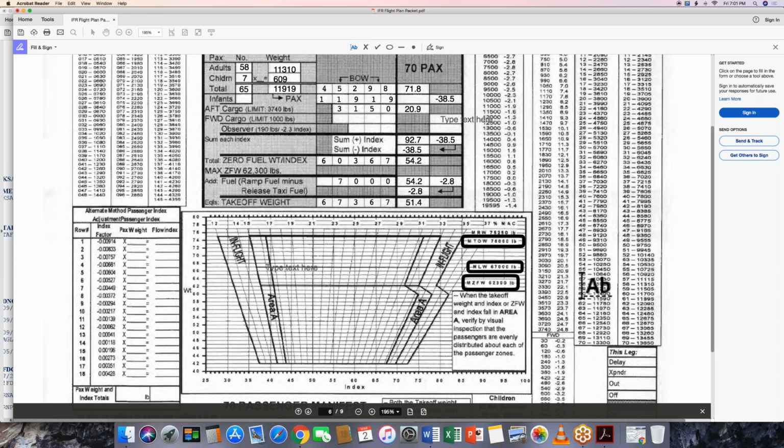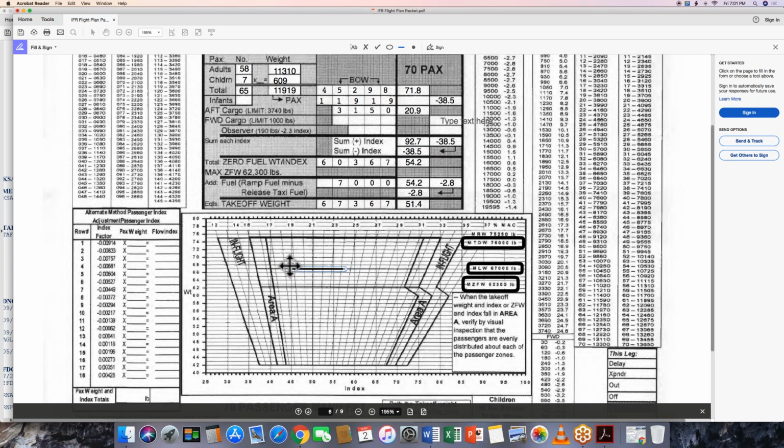So we can come back over here. Our weight stays the same, so 67,000 pounds, and it's going to be somewhere in the right chart. 51.4.